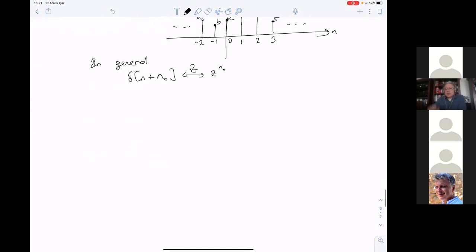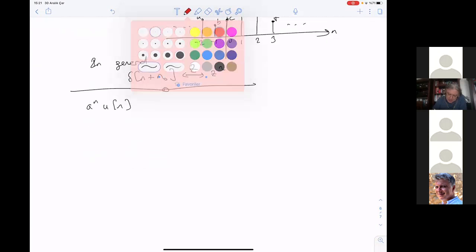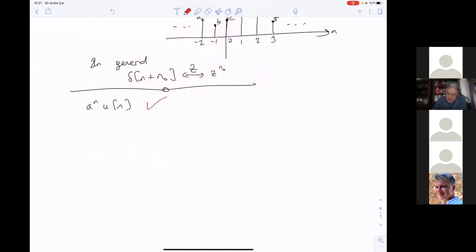Now, some students, there's a point there where I have to interrupt a little bit and mention some things. Some students are comfortable with a to the n u of n, like expressions, because they say that it is 1 over 1 minus a z inverse. That's the z transform, okay?